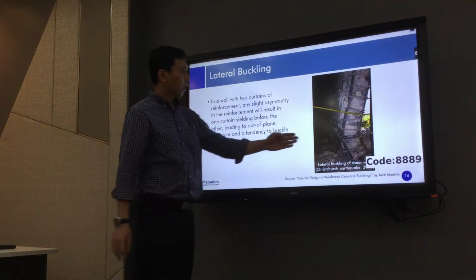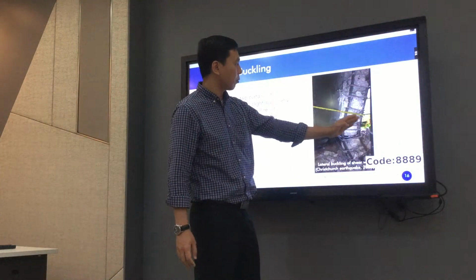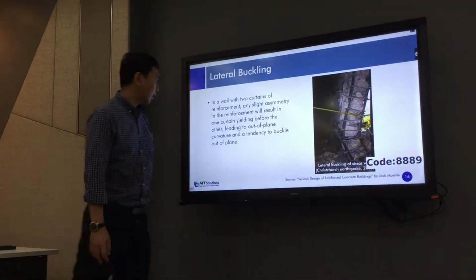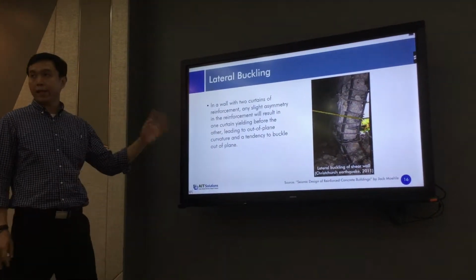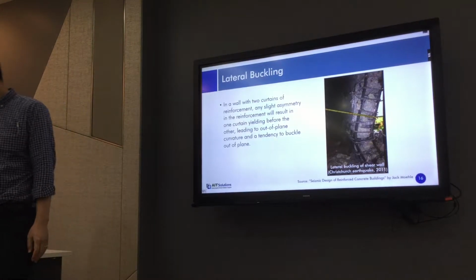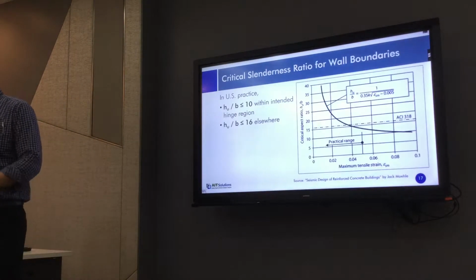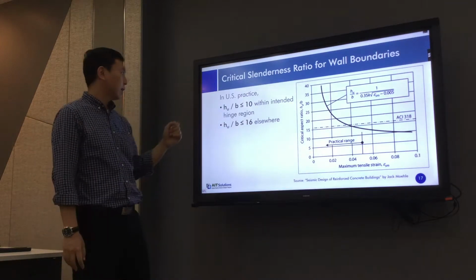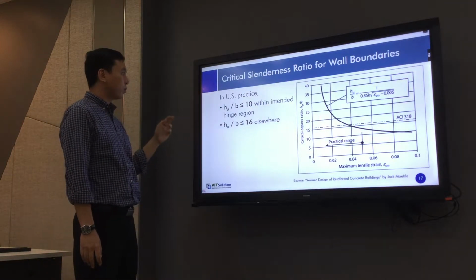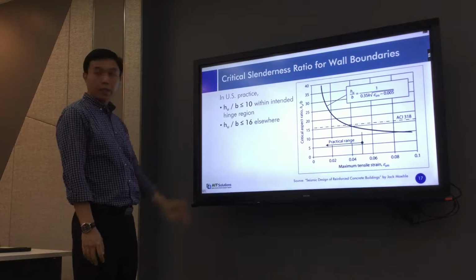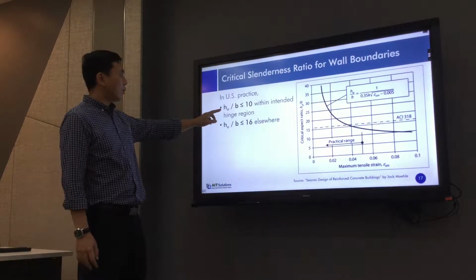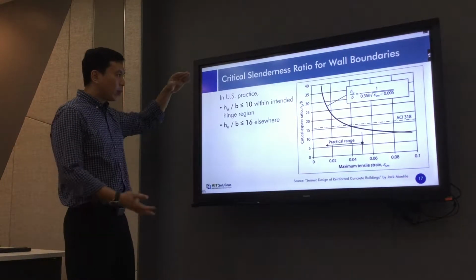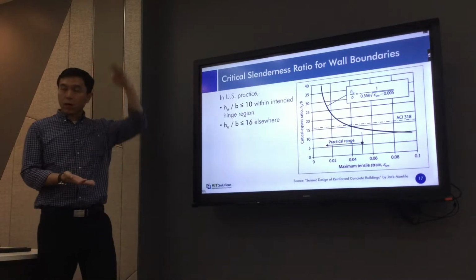So if you have two curtains of reinforcement in the wall, one side is yielding and one side is not yielding, that can create out-of-plane curvature and buckle the wall. So to prevent the local buckling, we have to provide enough thickness. hu is the height of the wall, not the total height from ground to the roof.